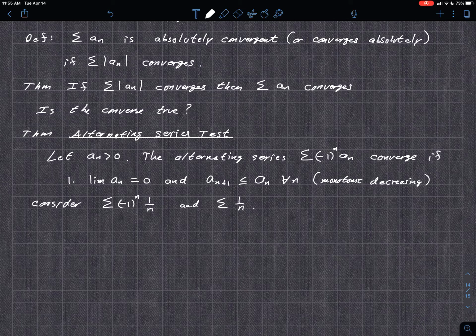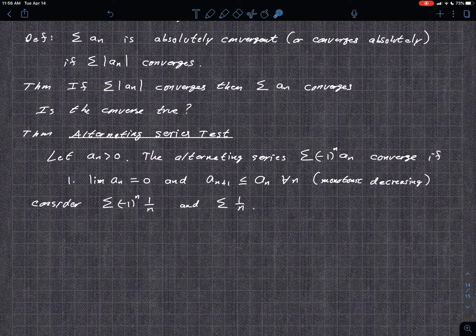So if a sub n is greater than 0, the alternating series, and you can start at whatever number, but basically it alternates, a sub n converges if one, the limit of a sub n equals 0, which has to be true, we showed that, and a sub n plus 1, the next term, is less than or equal to the previous term. So in other words, the sequence is monotonically decreasing. So if you have a monotonically decreasing sequence whose limit approaches 0, then the alternating series converges.